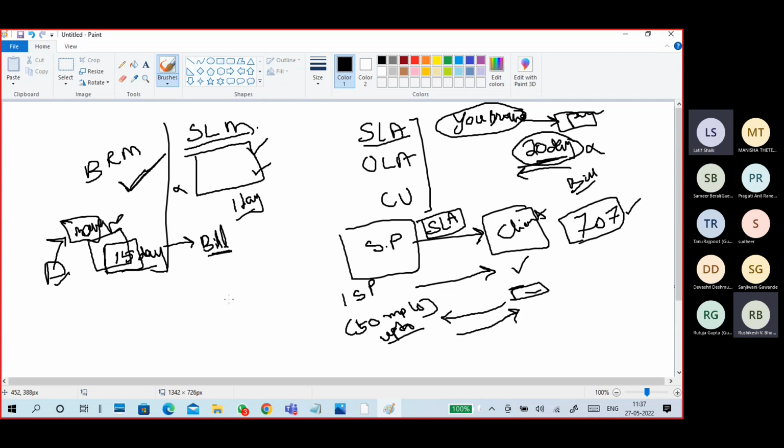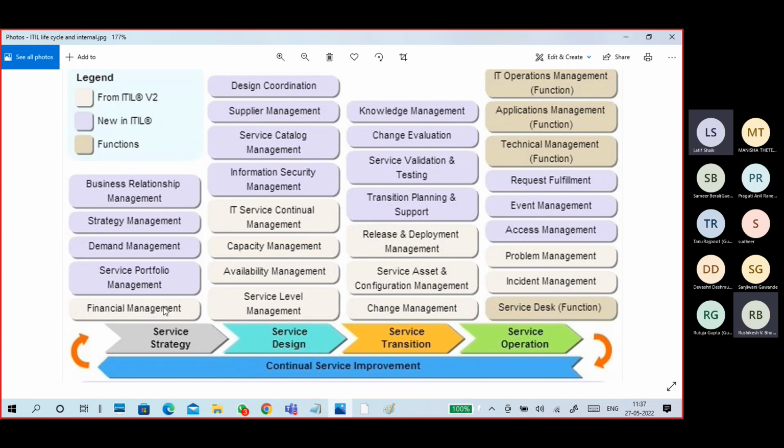Even if it is not solved within half an hour or 1 hour, maximum 15 minutes I give that time. If even after 1 hour it is not done, I will raise a complaint and wait for 1 hour. If nothing changes, then I will call. So this is your service strategy, guys.